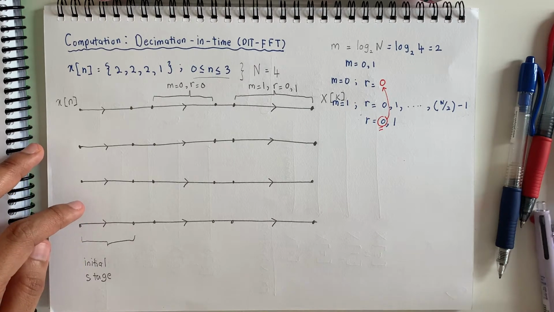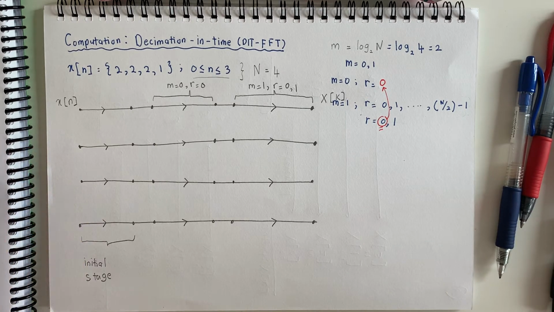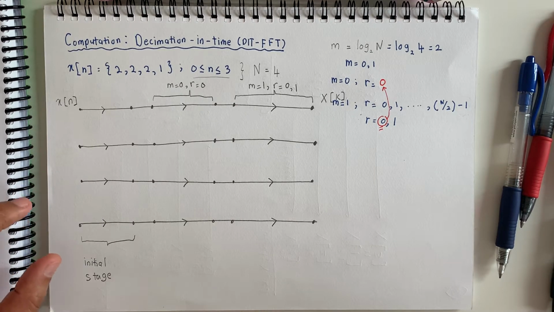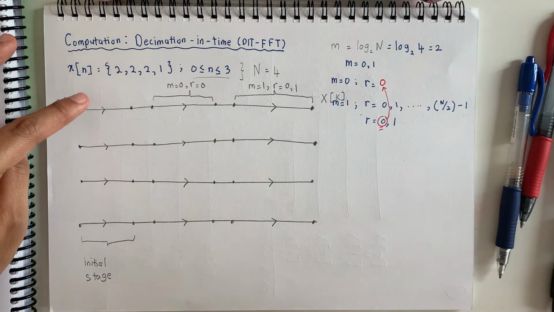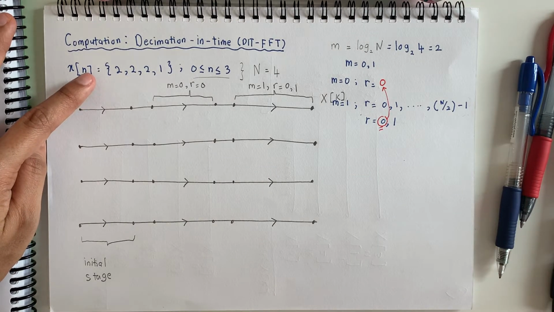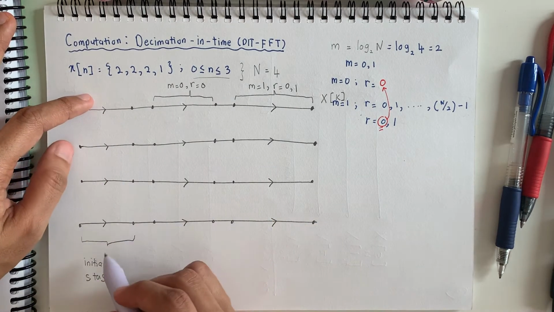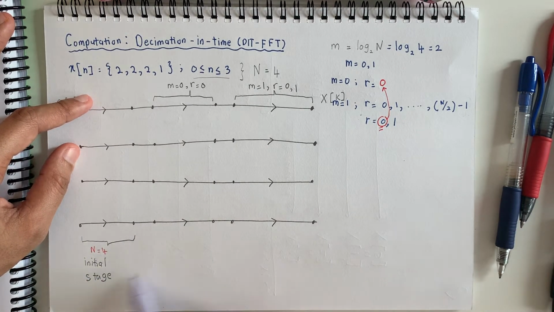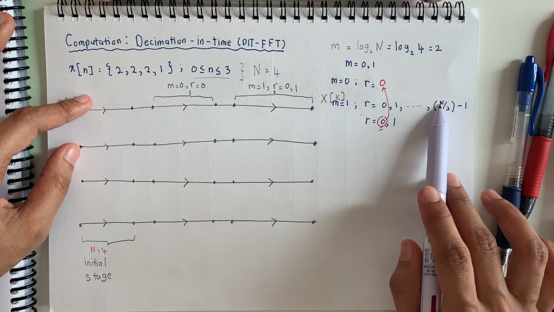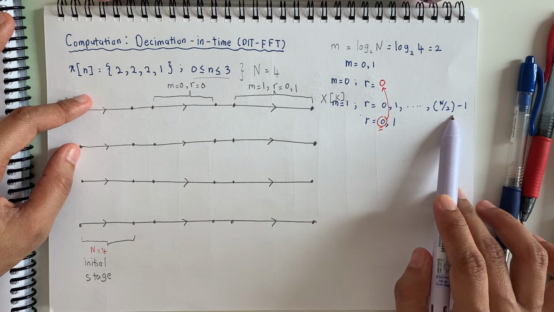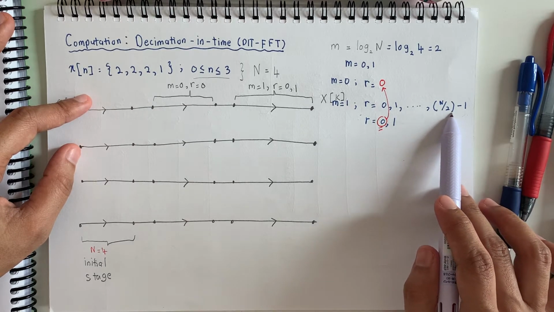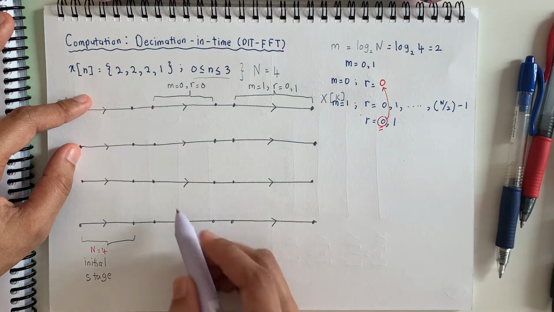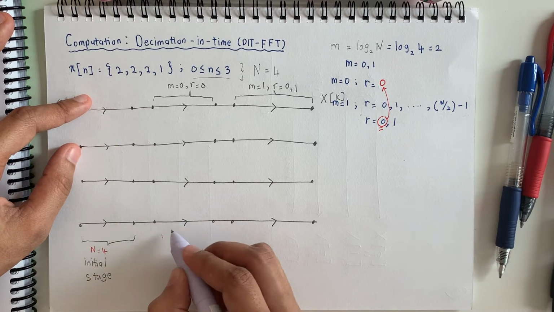Next, maybe some of you will ask, how do we know how many groups we have to form from many lines to one group? As you know, our first initial stage consists of N equal to 4. If you still remember from our equation, we have N divided by 2. So we take this equation and implement it here.